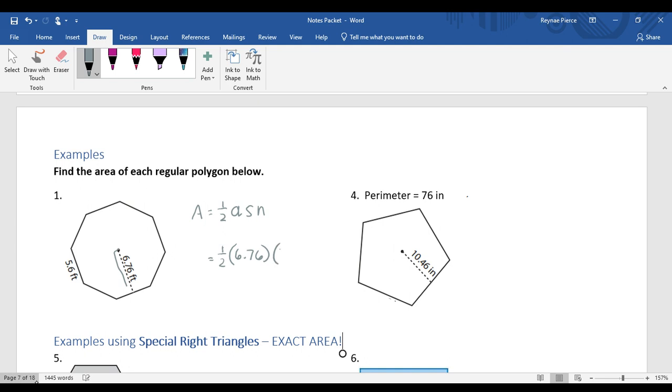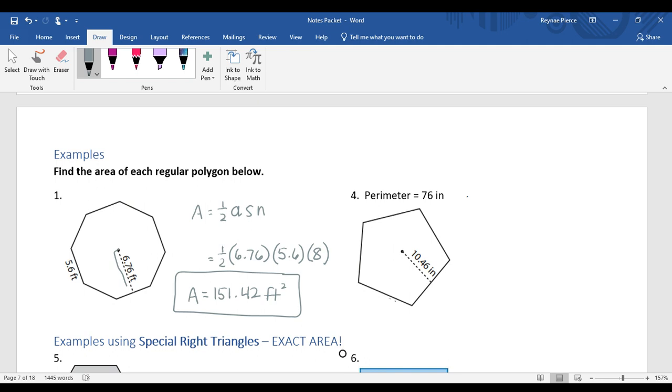The length of one side here is 5.6 feet, and this is an octagon. It's got 8 sides. So multiplying those all together, the area of this regular octagon is 151.42 square feet. So if you're given the side length, 1/2 ASN.